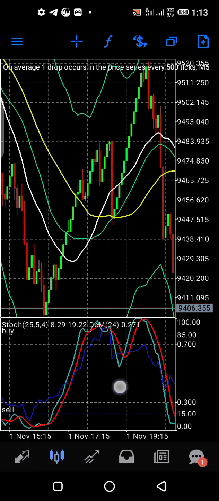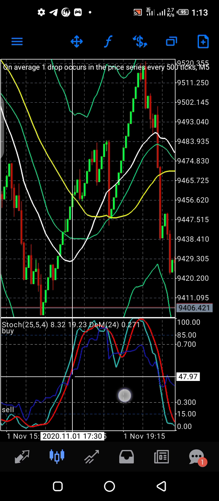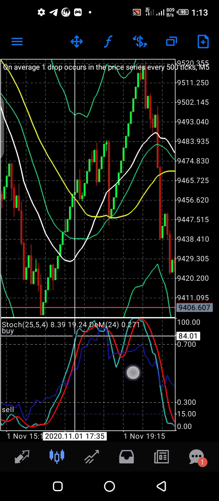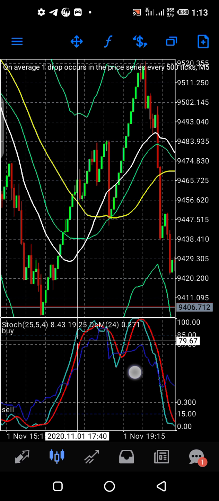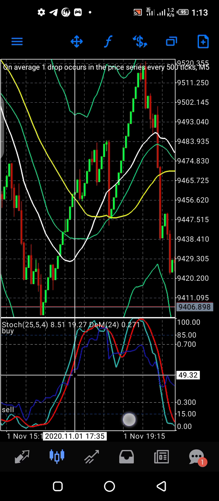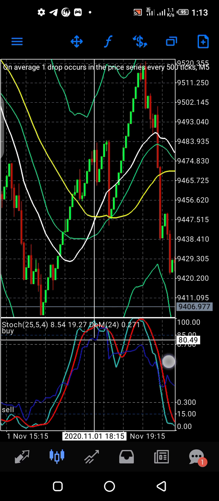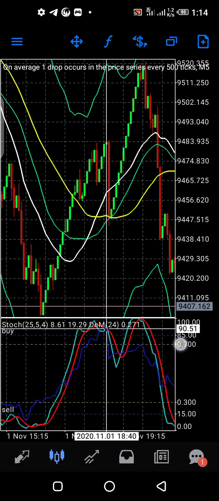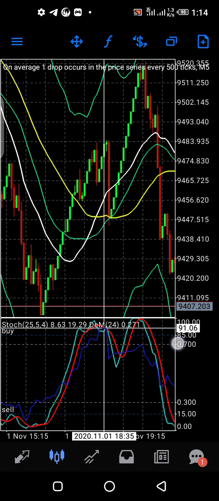Once it crosses the 85 line here, the stochastic oscillator, this green line and the red line, and you see this marker line, this blue line here, tries to cross the green or the yellow line, immediately I will advise you to place your sell.